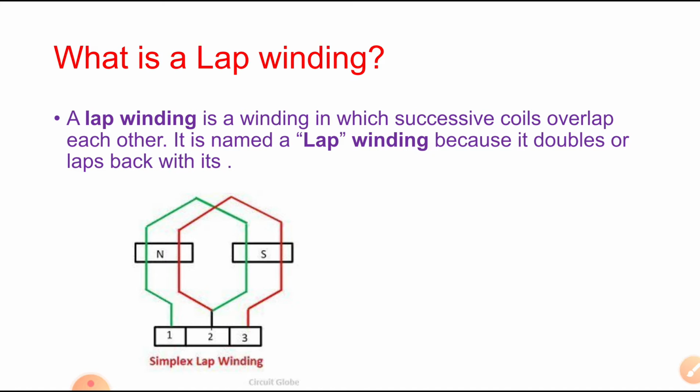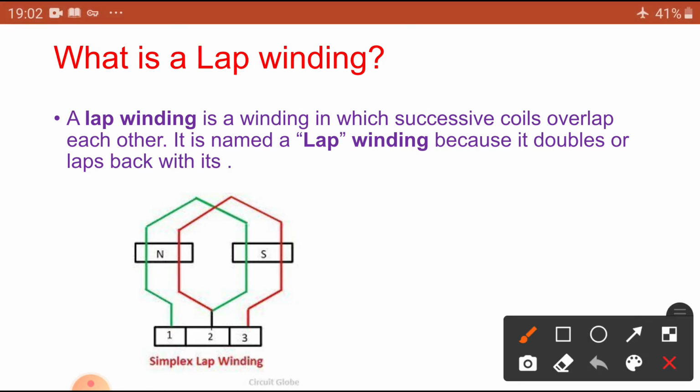Now here also, what is the definition? The lap winding is a winding in which successive coils overlap each other. Now you can see here, I started with this one conductor, connected through the back pitch to another conductor in the south pole. Now it is coming back to the original, so it is connected to the near north pole side by a conductor.